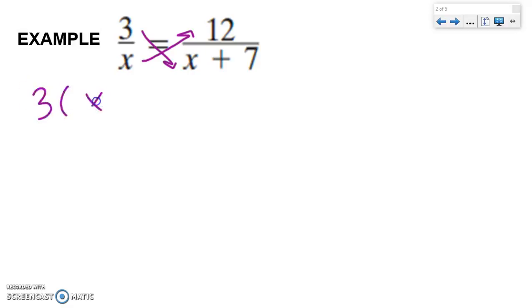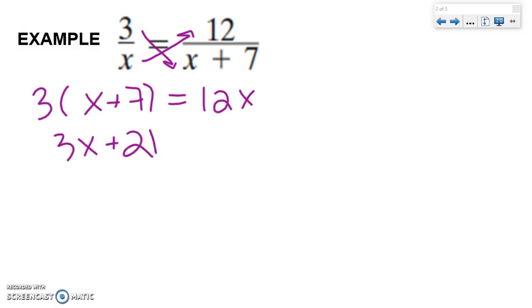So I'm going to have 3 times the quantity x plus 7, and that's going to be equal to 12 times x. I'm going to distribute here, so I have 3x plus 21 is equal to 12x. Subtracting 3x from both sides will give me 21 is equal to 9x.